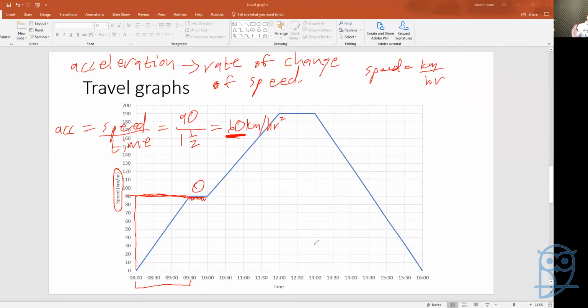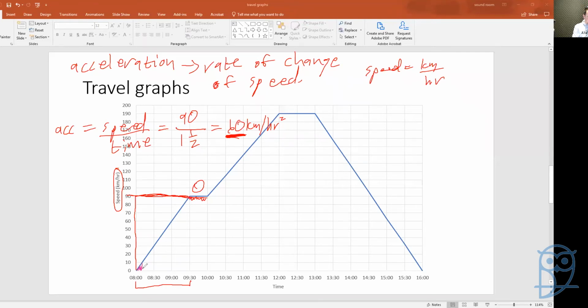Is there a way that I'm able to calculate how far they have traveled, but using the speed time graph? Well, actually, yes. And so much yes that I'm going to use a different color.